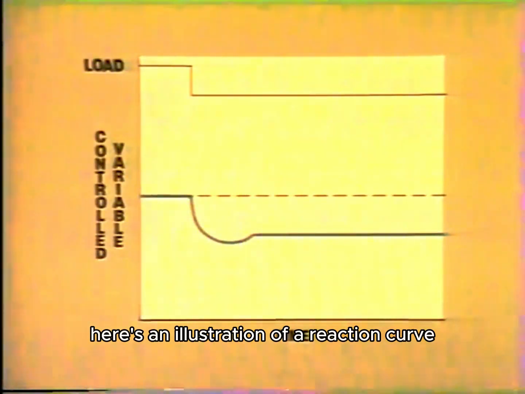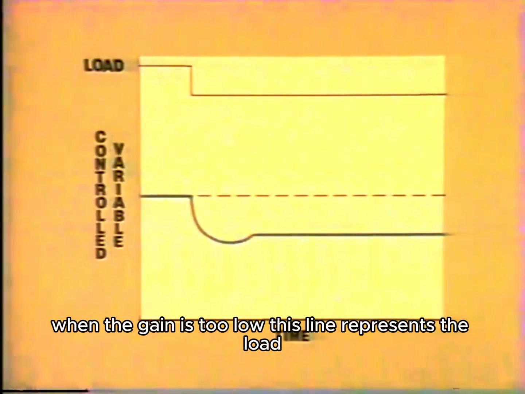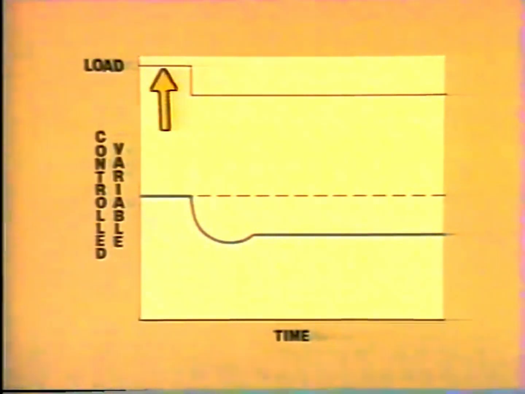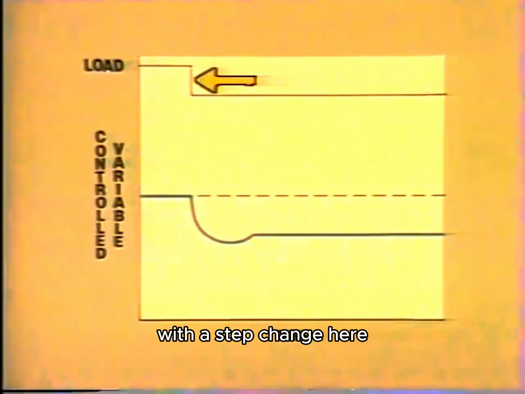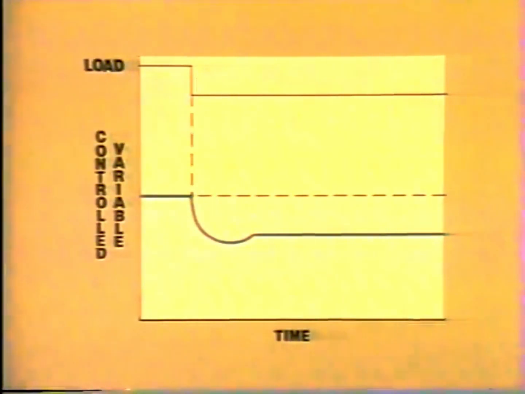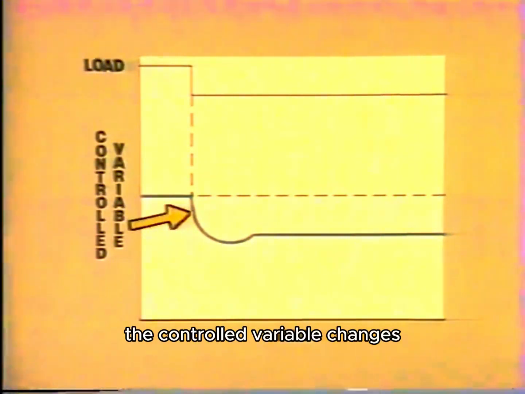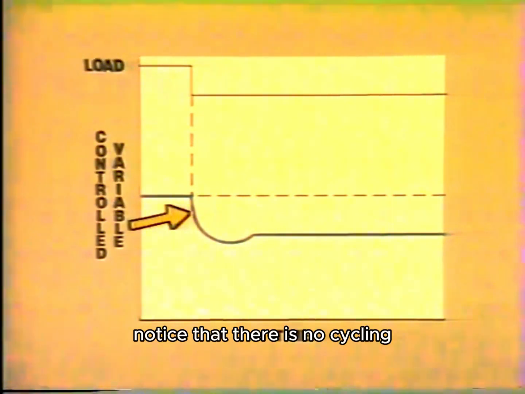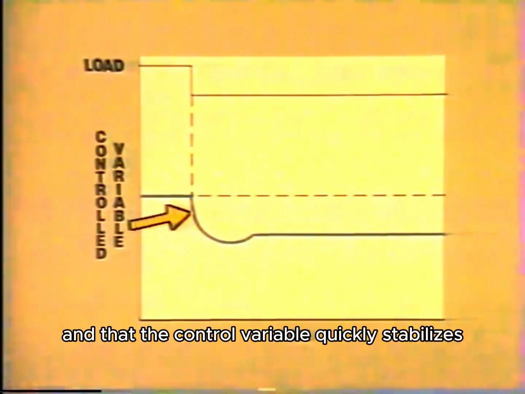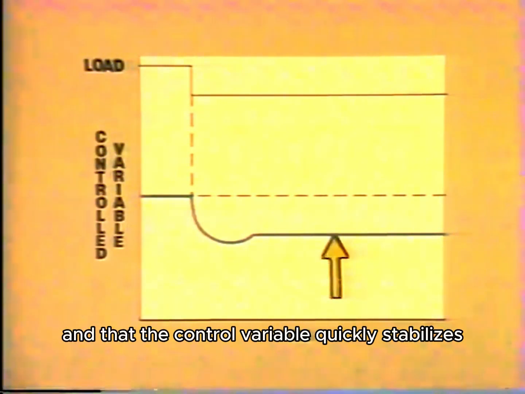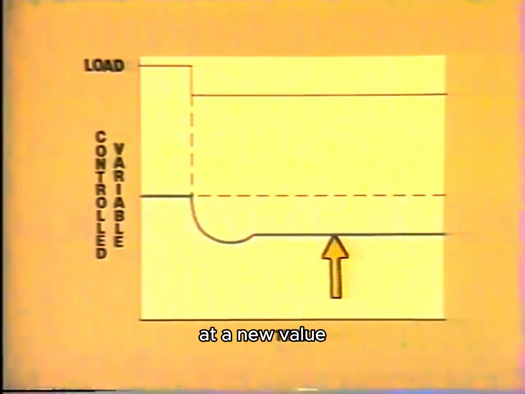Here's an illustration of a reaction curve when the gain is too low. This line represents the load with a step change here. When the step change occurs, the controlled variable changes. Notice that there is no cycling and that the controlled variable quickly stabilizes at a new value.